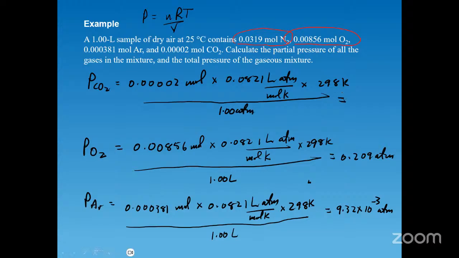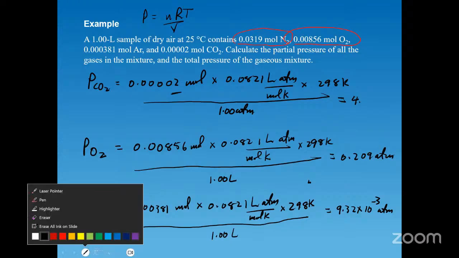So let's see what that gives. 0.00002 times 0.0821 times 298. And according to my calculation, this is equal to 4.89. No, actually 4, because it's 1 sig fig here. No, actually 5. I need to roll it up.